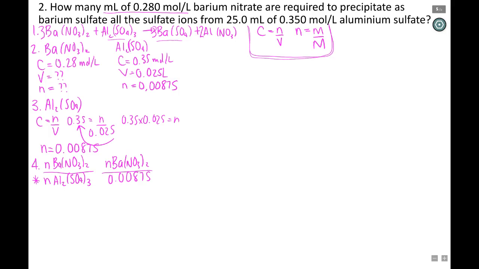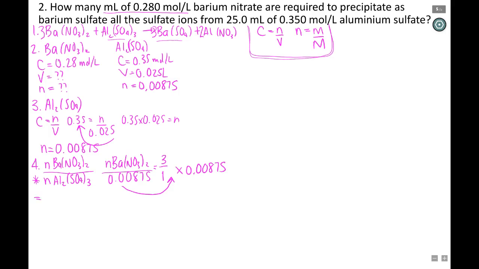So the mole ratio is 3:1. Now, if we want to rearrange that equation, the only thing that we don't know is the mole value of barium nitrate. So we just move this over to this side and we multiply it. So 3 divided by 1 times 0.00875.